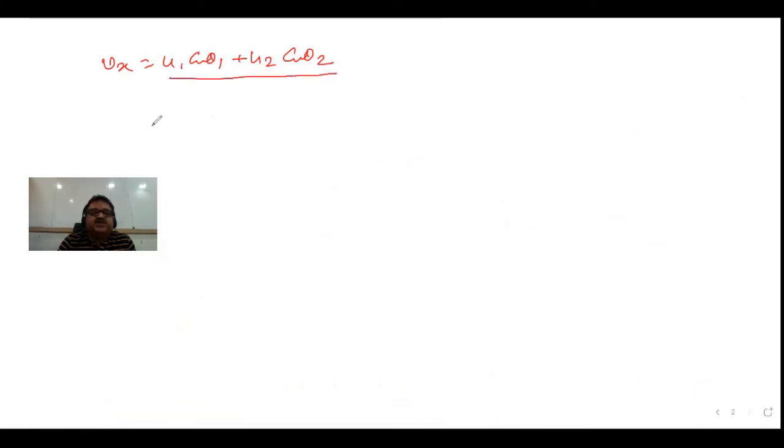Now the second question is this: after what time will they collide? Okay. So this is very interesting. T is equal to what? Look, what is the initial separation? Initial separation is D divided by this, u1 cos theta 1 plus u2 cos theta 2. So these are the three important things we have to know.